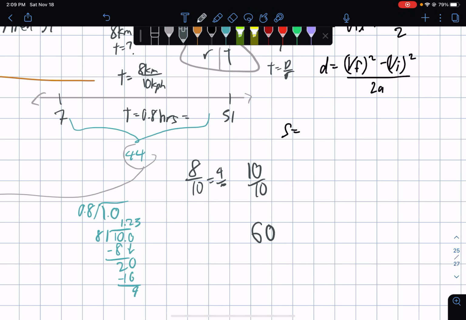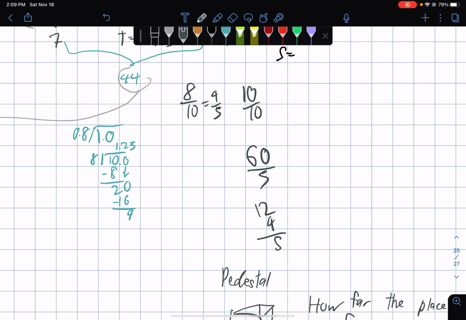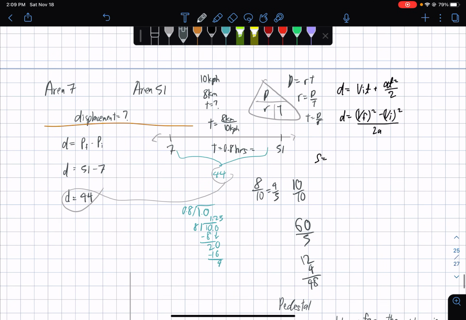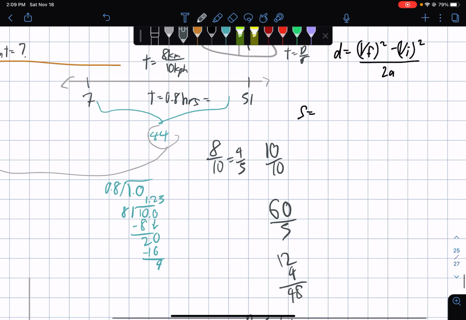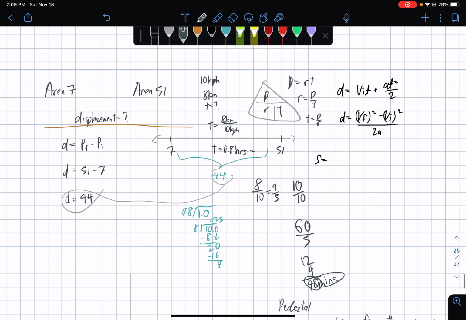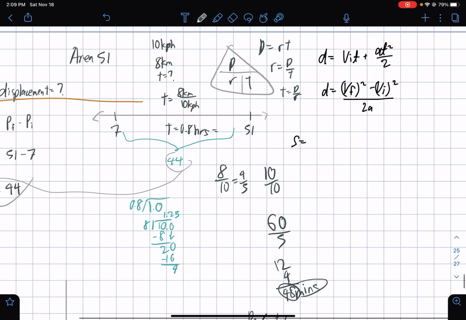Say this is 4 over 5. 60 over 5 is 12. 12 times 4 is 48. I think I found the answer. 48 minutes. My scooter, which runs at 10 kilometers per hour, in an 8-kilometer distance, takes 48 minutes to travel that distance. Got it.